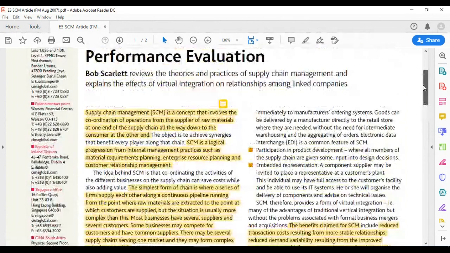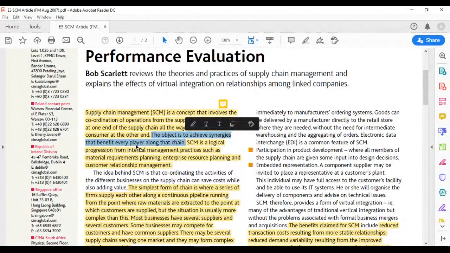The second part is why supply chain management? What is the objective? If we look at this sentence, the objective is to achieve synergies that benefit every player along the chain. The way in which the companies in a supply chain management system are linked with one another should achieve synergies between the different parties.